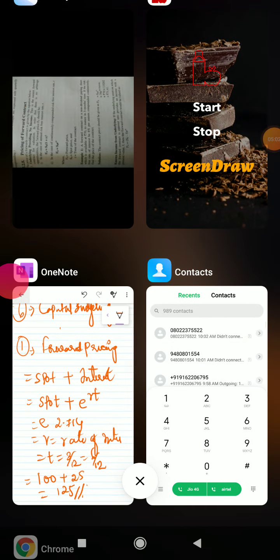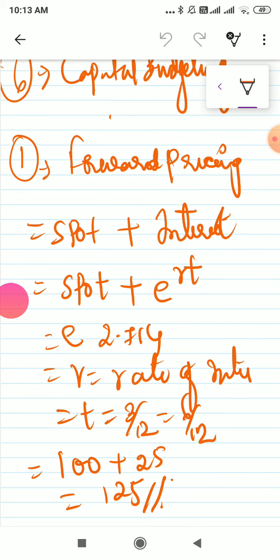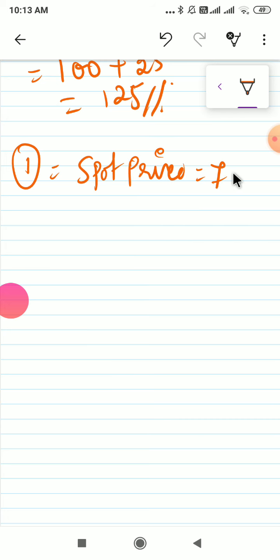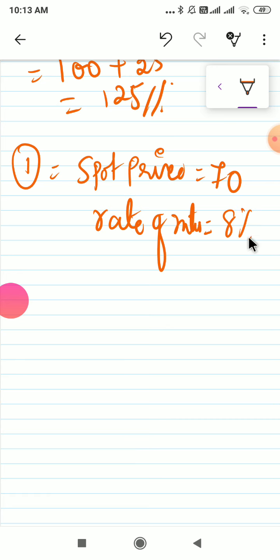Let me work out this problem using my OneNote. In that particular problem, the spot price is 70 rupees. The rate of interest is 8%.